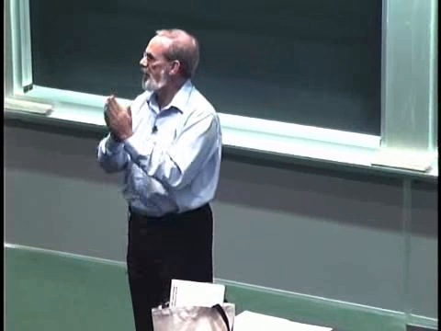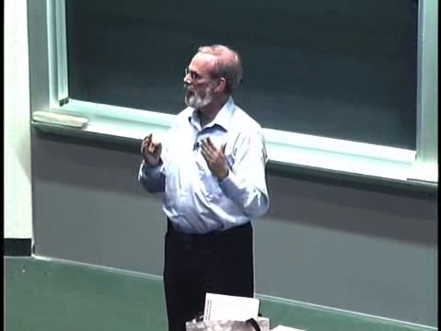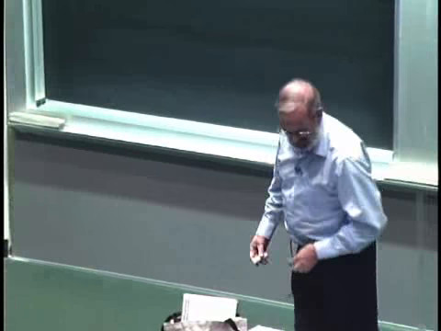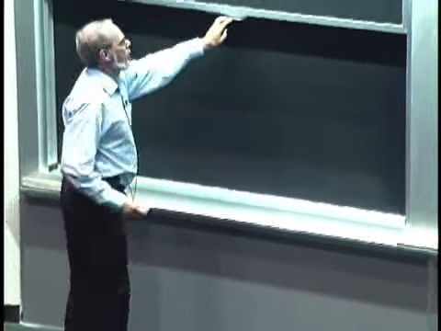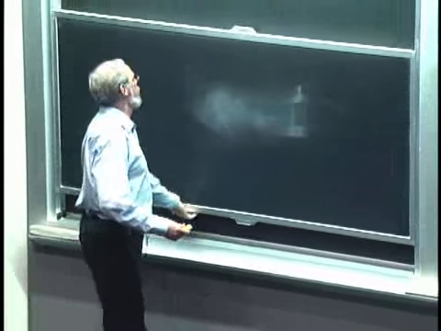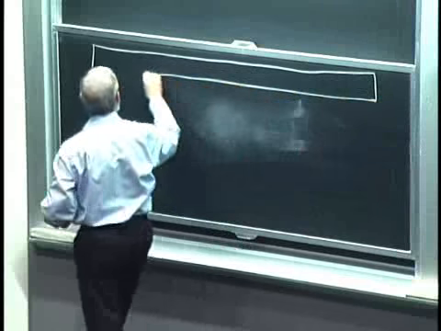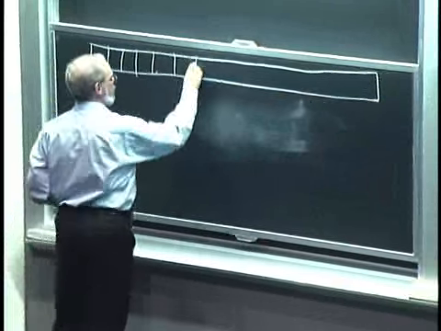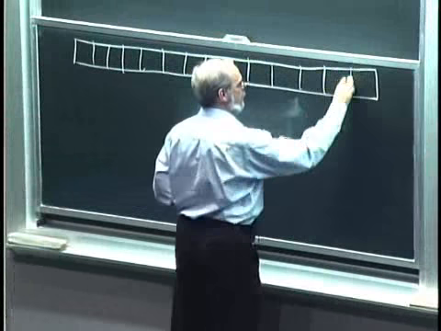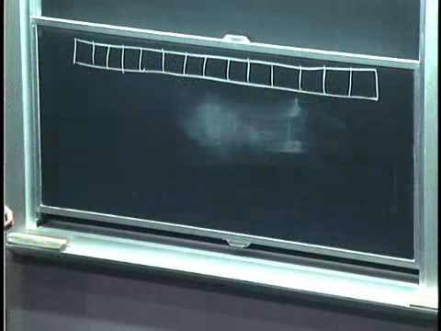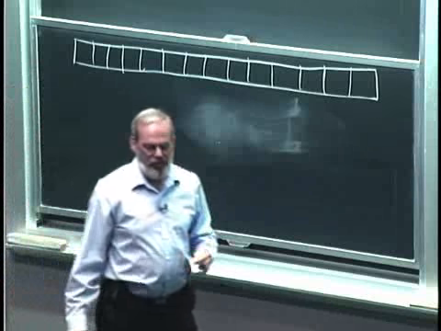If not, because the list is sorted, I can use the difference between what I'm looking for and that midpoint to decide, should I look in the top half of the list or the bottom half of the list? And I keep chopping it down. I want to show you a little bit more detail of that. So let's create a simple little list here. I don't care what's in there, but just assume that's my list.